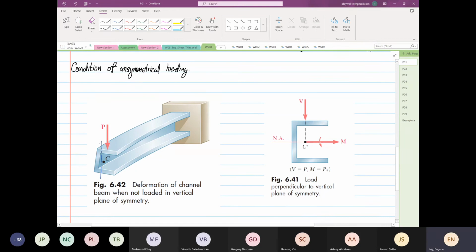Initially this is our C, and the applied force is applied a certain distance away from the centroid. So when that is the case, we are going to have an issue.